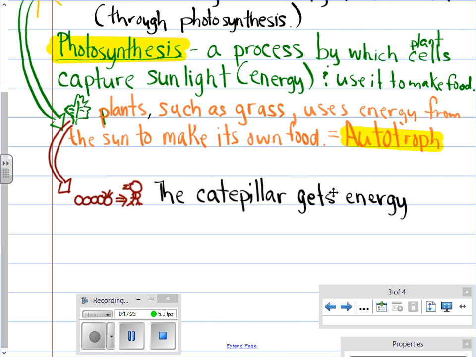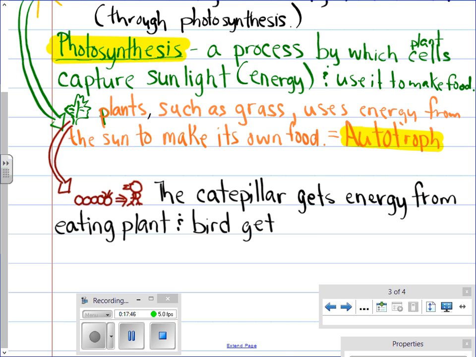What did it do? From eating grass, yep. Or from eating plant. Stay with me. And the bird gets energy how? From eating the caterpillar.